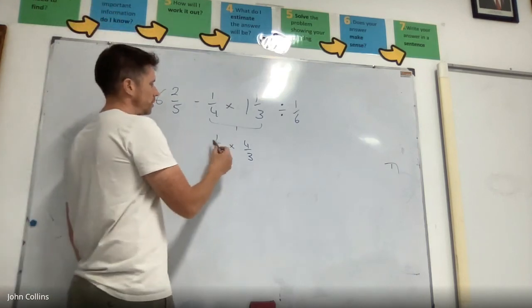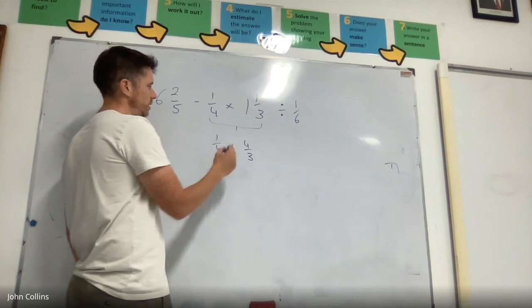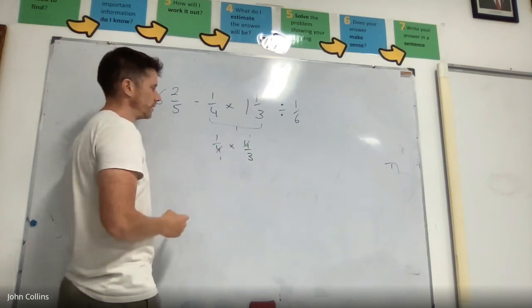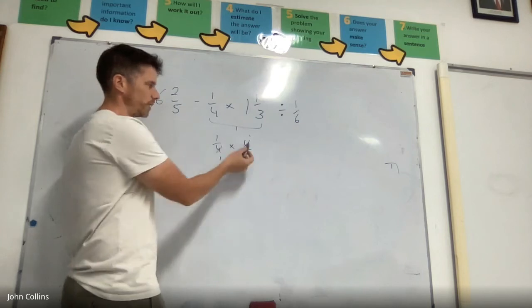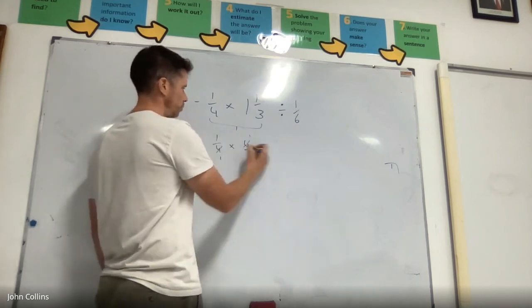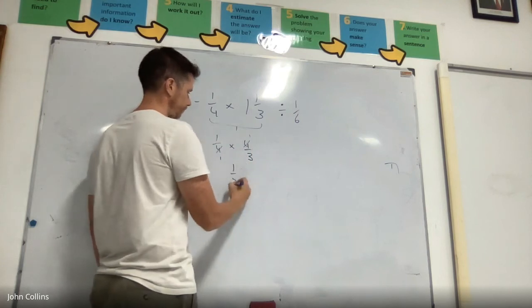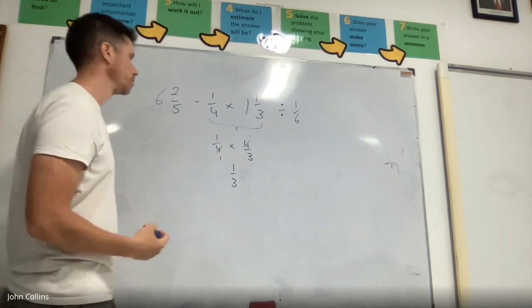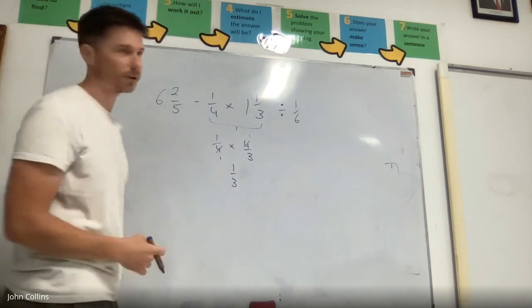This is going to be 1/4 times 4/3. So I can pre-simplify, so divide here by 4. Divide here by 4, 1 over 1. Instead of multiplying by 4 and then dividing by 4, I just do it before I multiply. And I think I end up with 1/3 of this. 1 times 1 on top and 1 times 3. Or you could end up with 4 over 12 and then simplify.